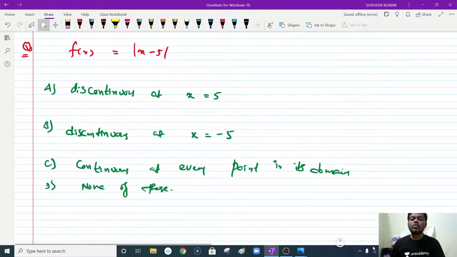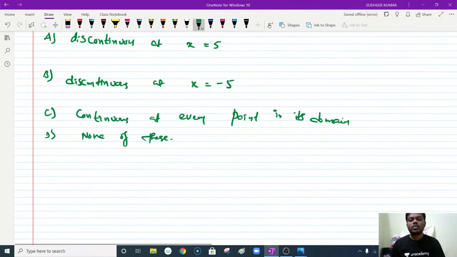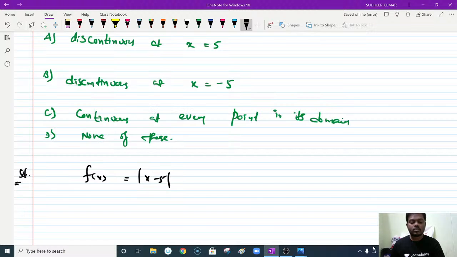So f of x equal to mod x minus 5 is given, right? So let us take f of x equal to mod x minus 5.